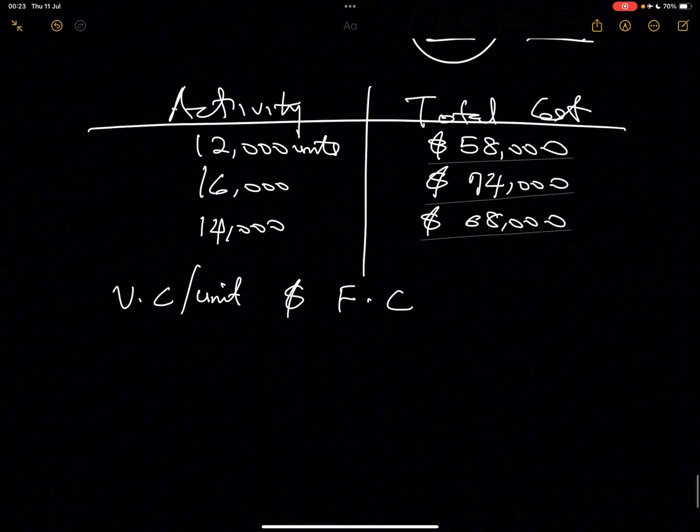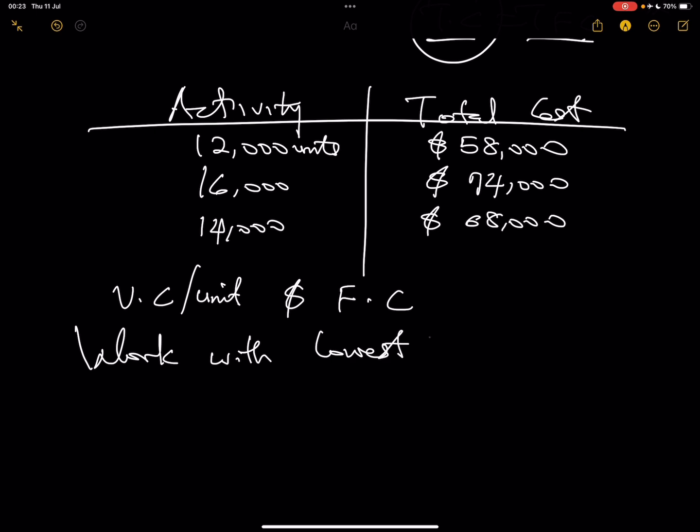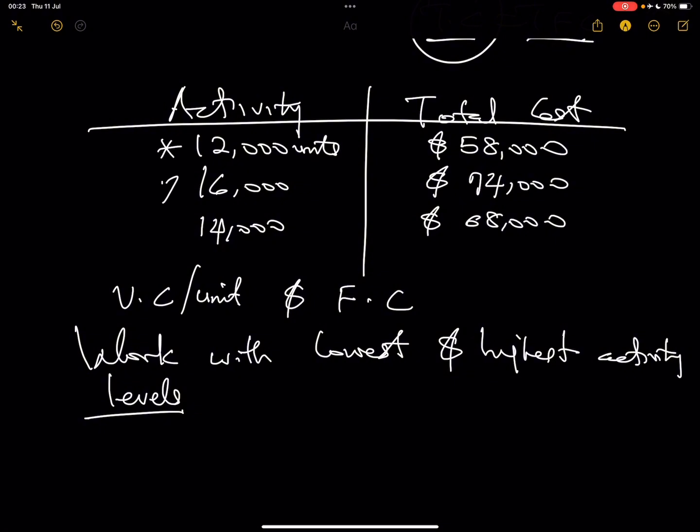Anytime you are faced with this kind of scenario where you have more than 2 levels of activity, please take note. Always work with the lowest and the highest activity levels. Those are the 2 levels you work, which means in this case, we'll work with this and we'll work with this.